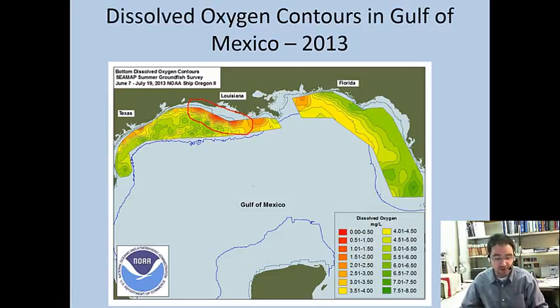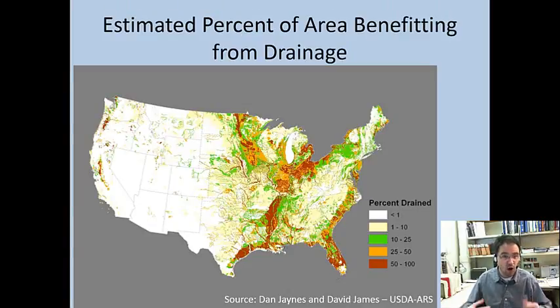Okay, so we've highlighted hypoxia, some of the issues there, and the goals for reducing loading of nitrogen and phosphorus down the river. As we look up in the watershed and estimate the percent of the area benefiting from drainage, what we see is that there are many areas in the Mississippi River Basin with a high percent of the area with land benefiting from subsurface drainage.